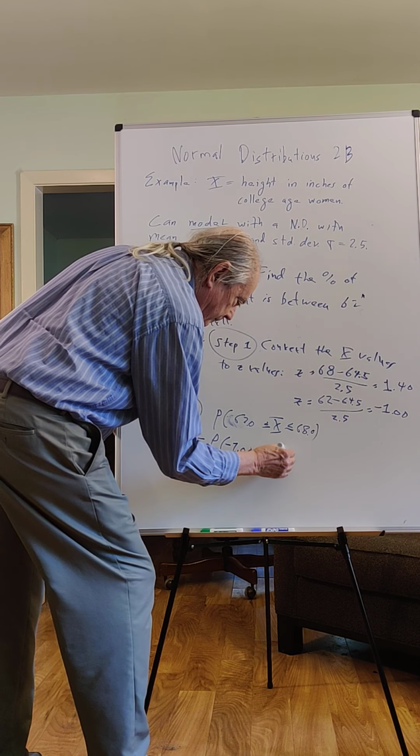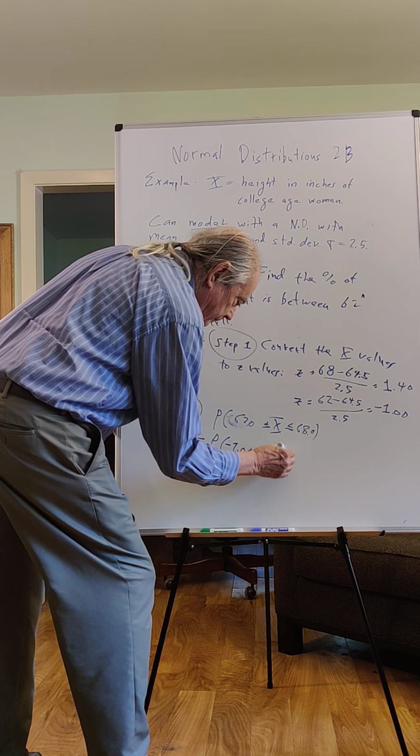We use our standard normal distribution area table. So we have a z-value that's negative and a z-value that's positive. You remember how that works? We find the area from negative 1 to 0, and then we find the area from 0 to 1.4. Both of these areas are positive numbers.